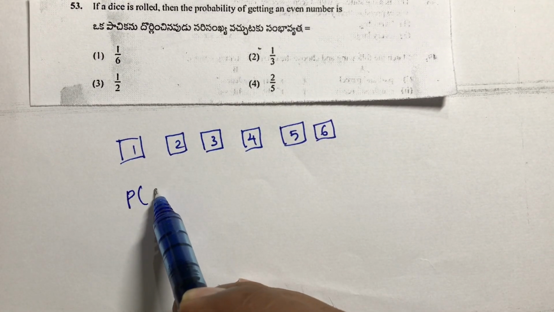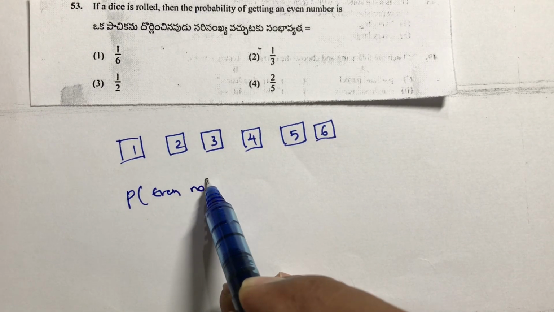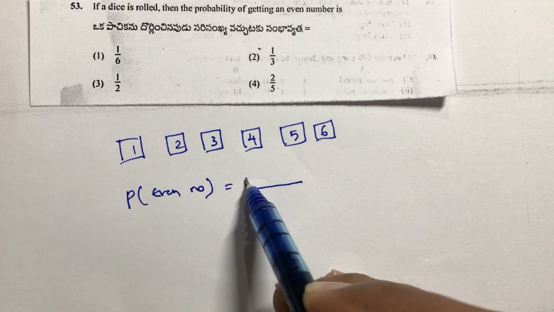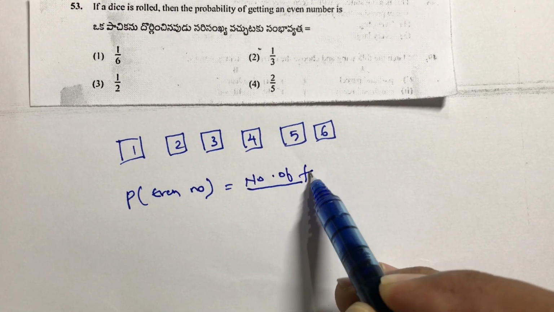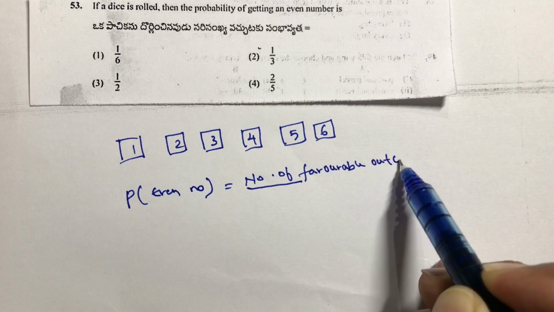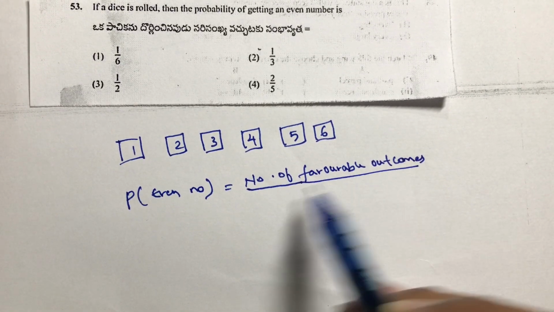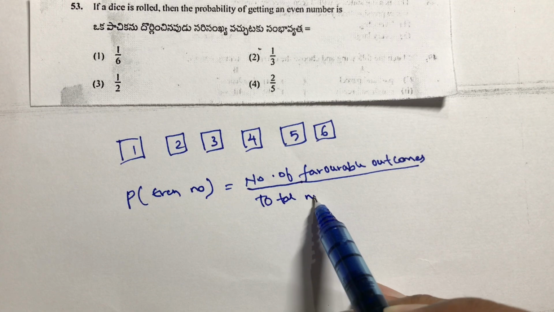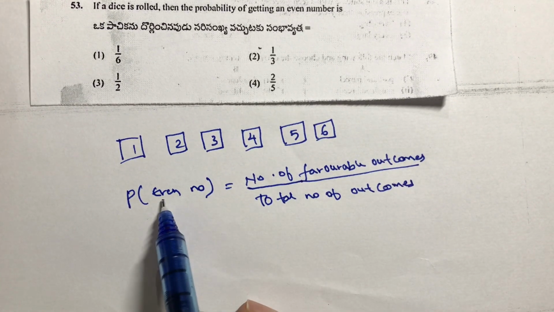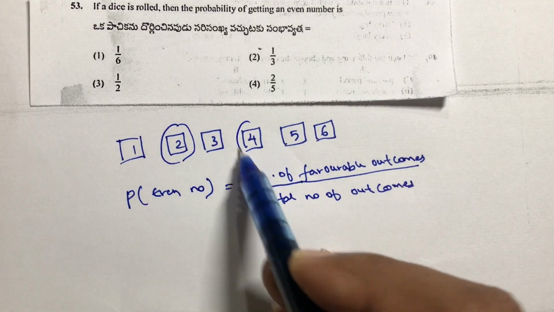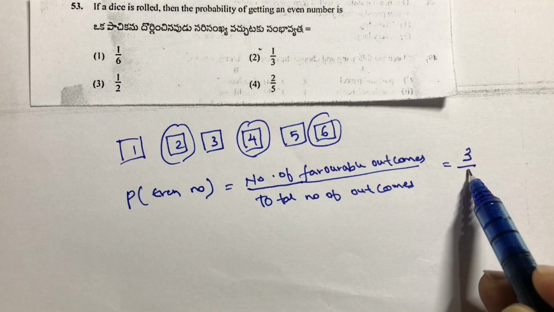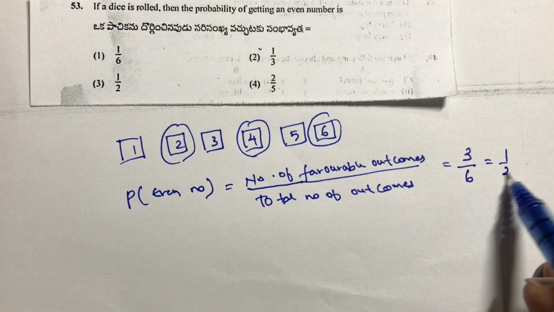So probability of getting an even number is the number of favorable outcomes by total number of outcomes. Here favorable outcome is even number. So 2, 4, 6. 3 outcomes are there. And total outcomes are 6. So the answer is 1 by 2.